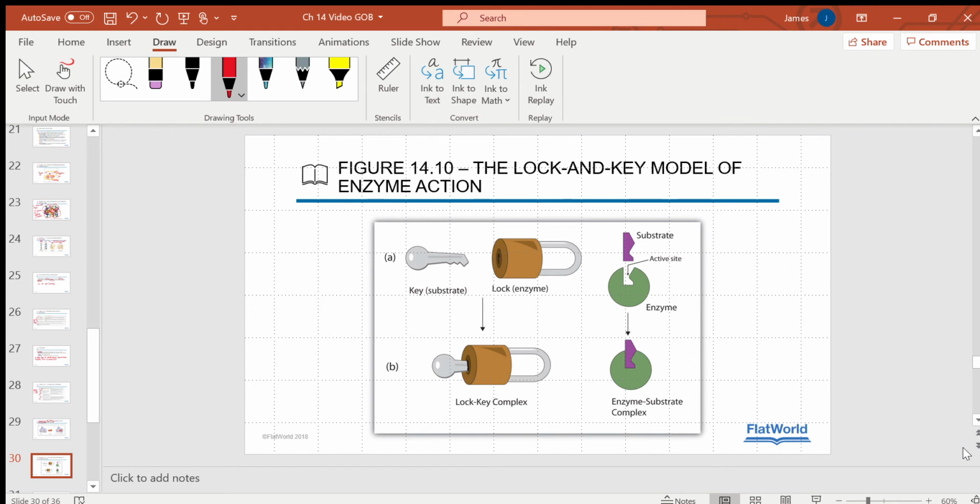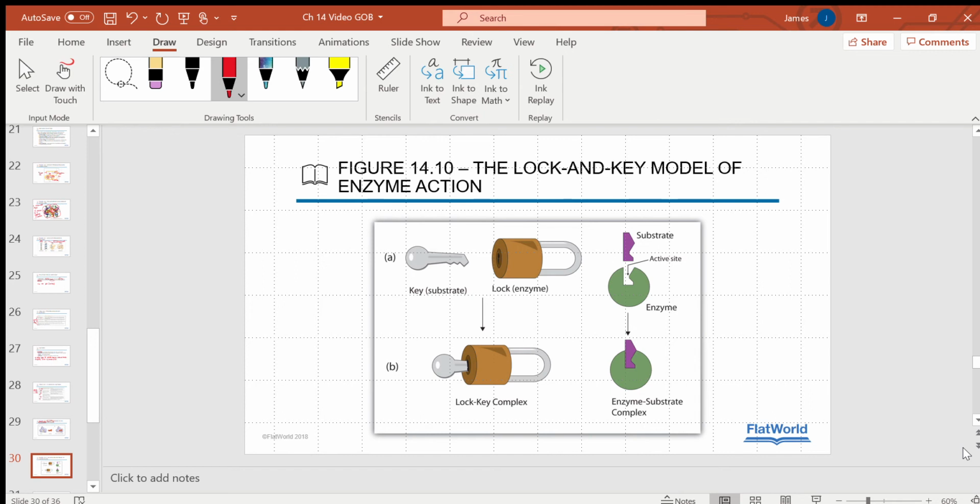The mechanism inside the lock, in this case the enzyme, has a space that will register the correct shape of a key, and the docking of the key with the lock allows you to enter the room because you've registered a good interaction. So this lock and key analogy is used often.